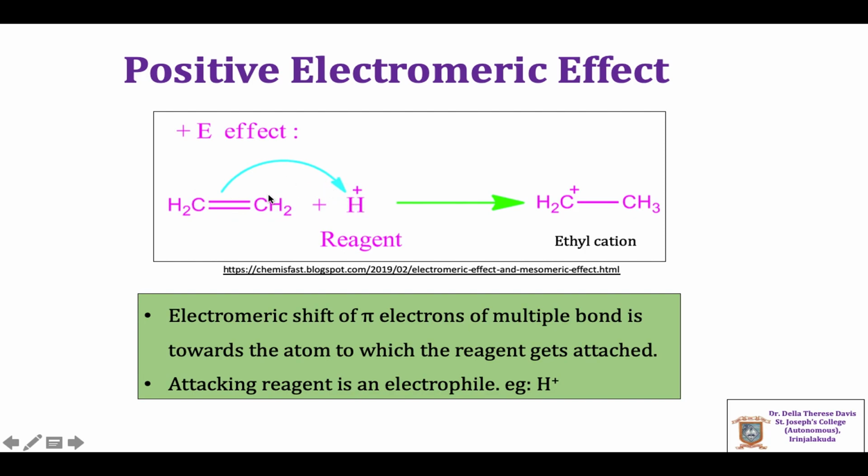And when H plus attacks this carbon, it will yield CH3CH2 plus, the ethyl cation. Thus, in a positive electromeric effect or plus E effect, the attacking reagent is an electrophile and the electromeric shift of pi electrons of the multiple bond is towards the atom to which the reagent gets attached.